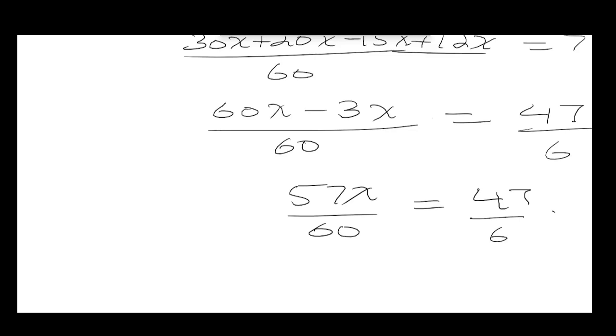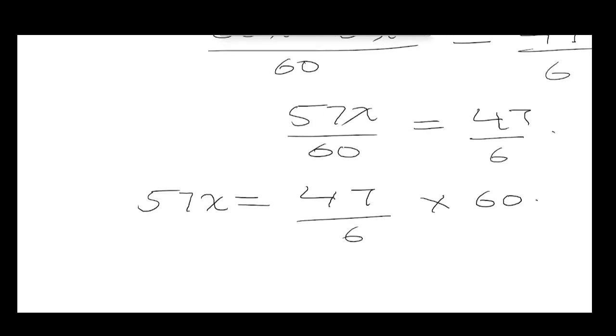But if we do not have a calculator, what we can do is just write 57x here and then 47 divided by 6, and then 60 will go to the right, it will be multiplied by 60. So now this is much easier for me because I do not have a calculator right now. So 6 ones are 6 and this will be cancelled. So we will have 57x is equal to 470.